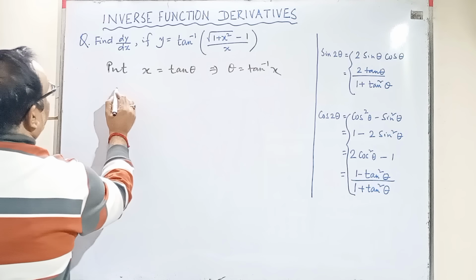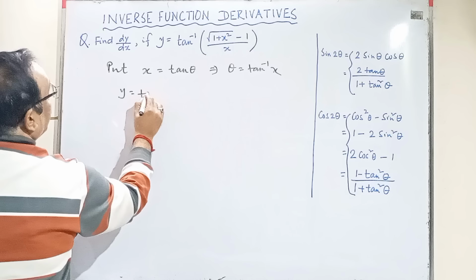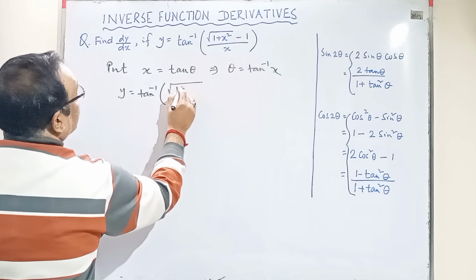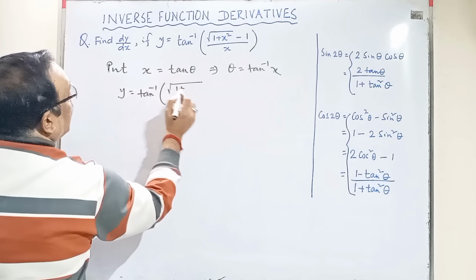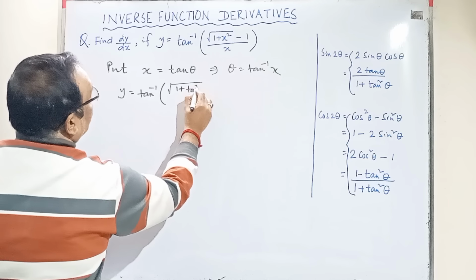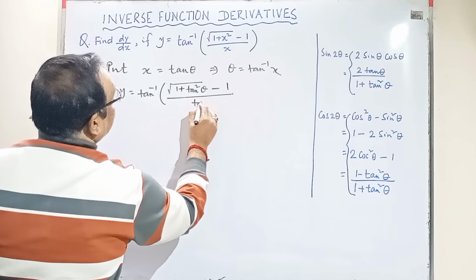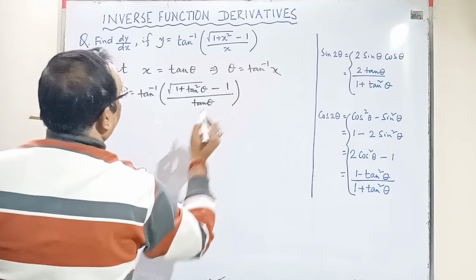Now let's come to that sum. y is equal to tan inverse of root over 1 plus x square minus 1 divided by x. In place of x I'll put tan theta. So this will become 1 plus tan square theta minus 1 divided by tan theta.